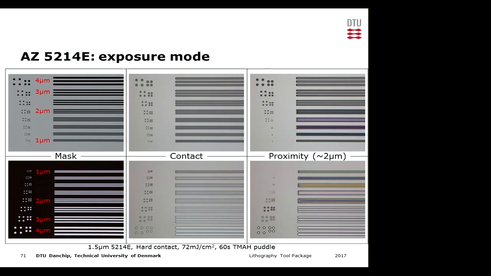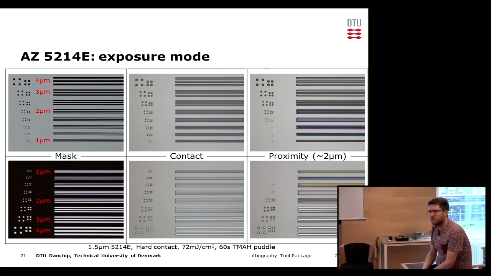This is something that would be typical for a mask that has maybe picked up some film on previous prints, and then we get this gap on our print. And you can see that if we were doing 5 or 10 micron structures, we probably wouldn't notice. But if you're going down below 2 micron, then you really start to see the effect.